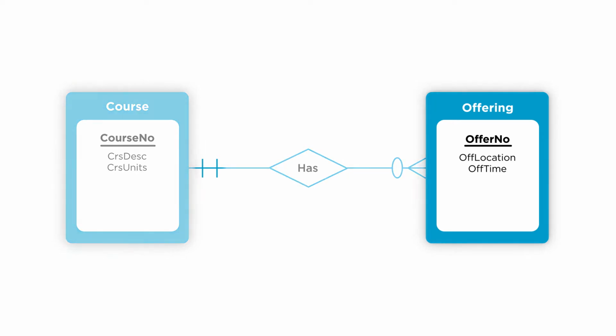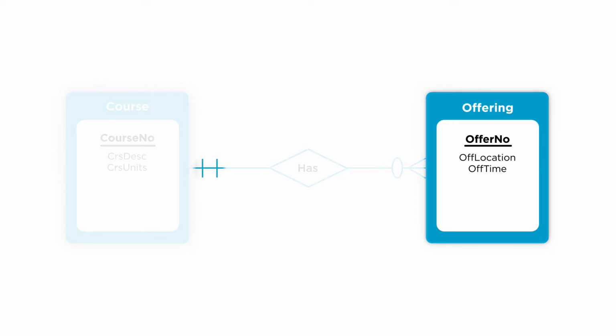On the one side, we have that each offering has at least a minimum of 1 course associated with the offering, and it also has a maximum of 1 course associated with an offering. This means that each offering has at least 1 and at most 1 course associated with it. So the Crow's Foot notation is minimum of 1 and maximum of 1.